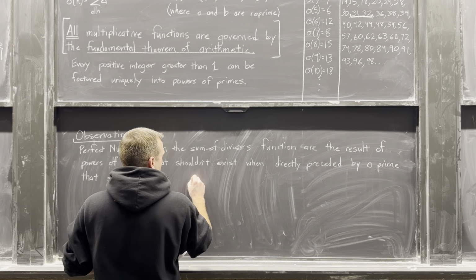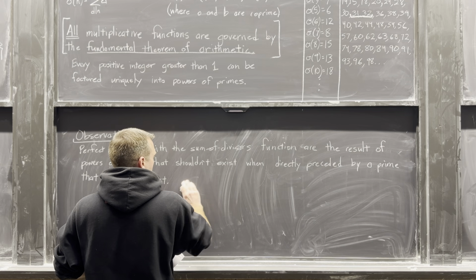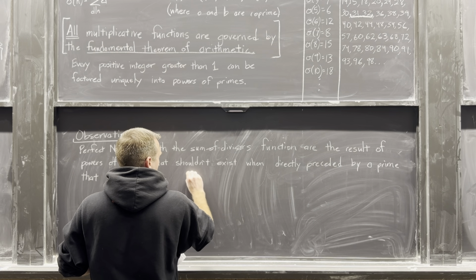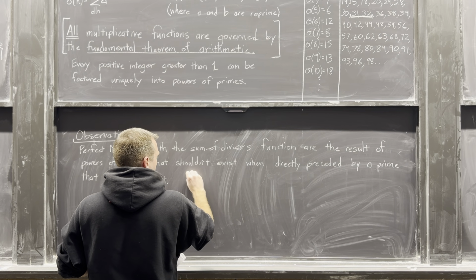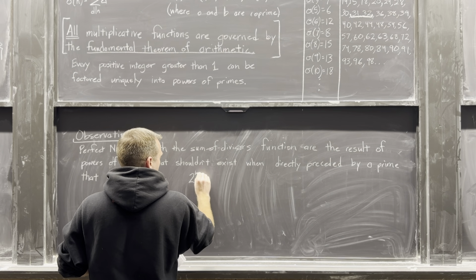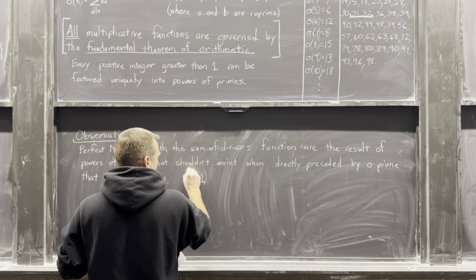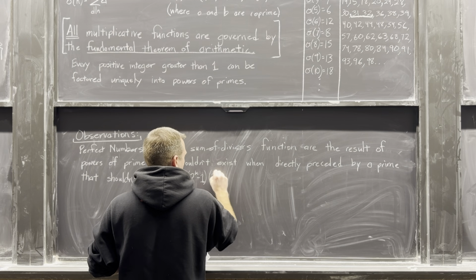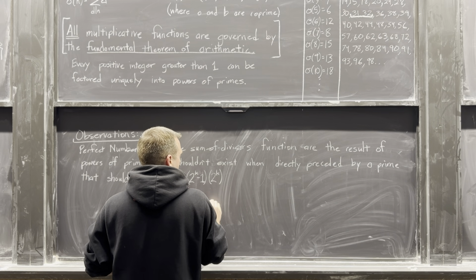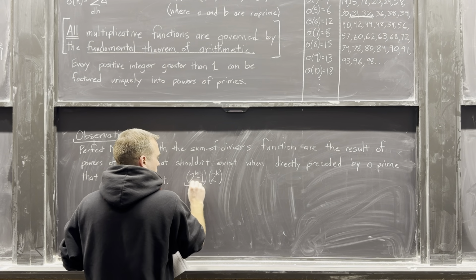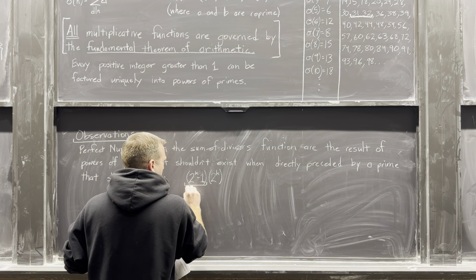So we see that what we have is 2 to the k, minus 1, times 2 to the k, where this is prime.